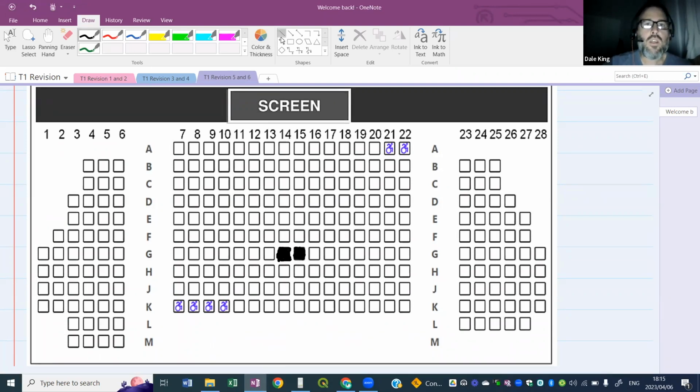You go across the rows to a letter, and you also go up the columns to a number. So this first seat that I'm circling will be the letter G and then the number 14, so it'll be G14. This is a reference system to reference all these seats for ticket purchases. Theaters and movie houses all have this kind of seating system.